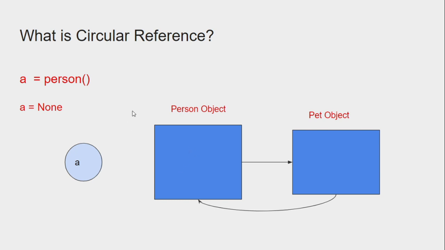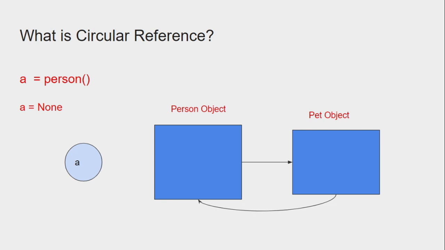So there is no way we can access this person object, and no way we can access this pet object. But this person object is referencing this pet object, and this pet object is referencing this person object. So both of these are going to have reference count 1. They are never going to be 0. So this is the problem of circular references, and reference counting cannot solve this problem.